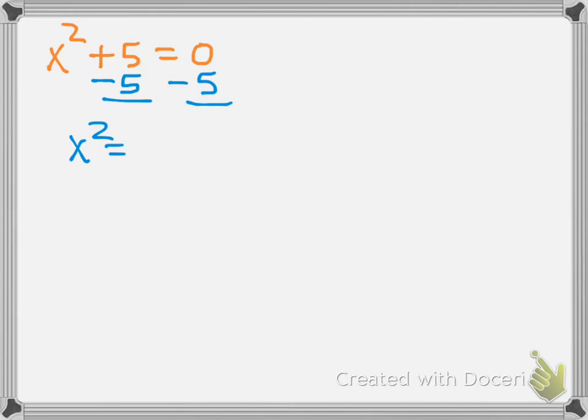Let's pretend I was going to do this one more. x squared plus 5 equals 0. Okay, so my first step would be subtract 5. Next step, take the square root of both sides.